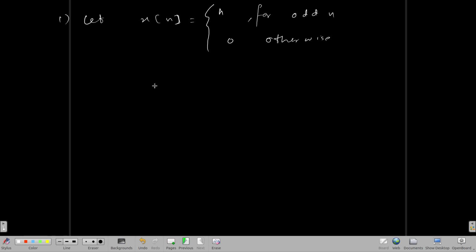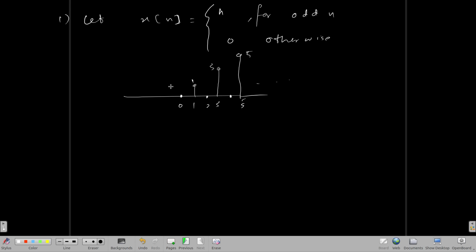So how will the signal be, right? For 0 we consider as 0, so it will be 0, and 1 value is 1, 2 it will be 0, 3 it will be 3, 4 it will be 0, 5 it will be 5, like that it will go.